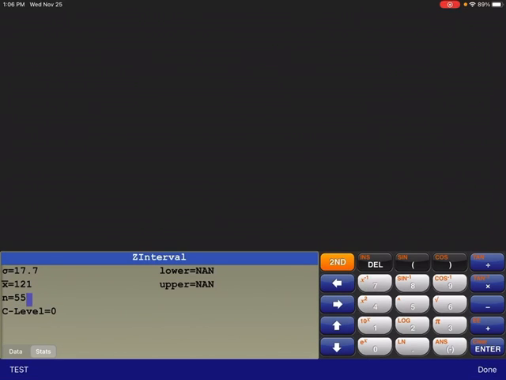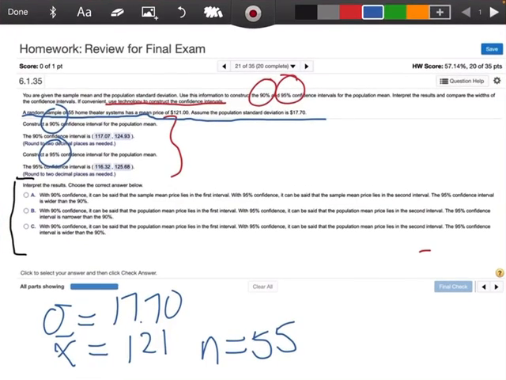Our N was 55. And our confidence interval, I believe the first time we were doing a 90% confidence interval. If you notice here, there's the lower limit and the upper limit. The lower limit is 117 and 7 cents, and the upper limit is 124 and 93 cents. And that's where those numbers came from right there, right?